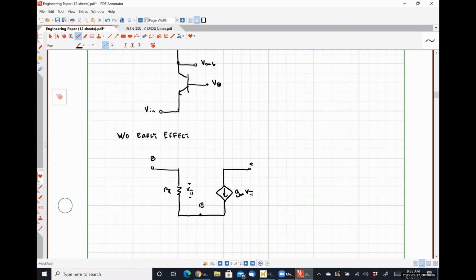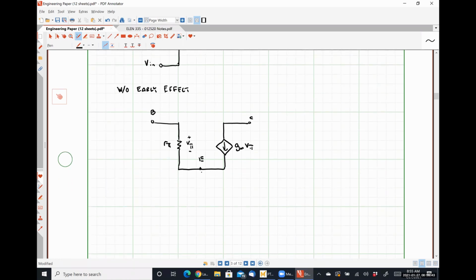Now, I'm looking in through my emitter terminal, right? So that means that I would place my test voltage source, Vx, between the emitter terminal and ground, like so.